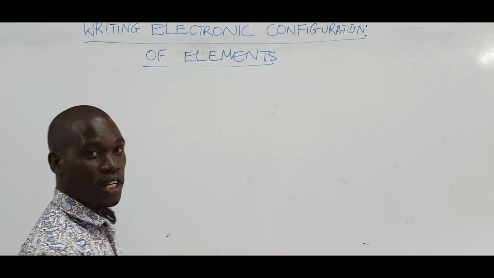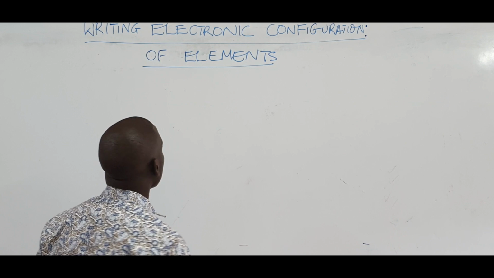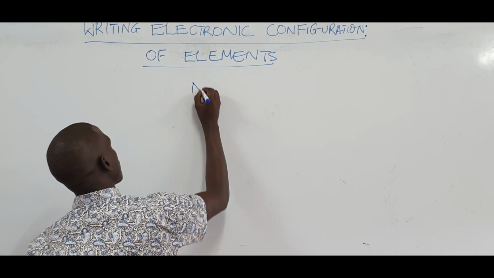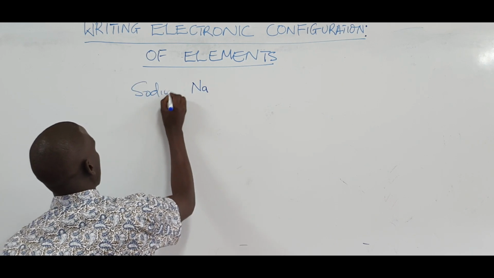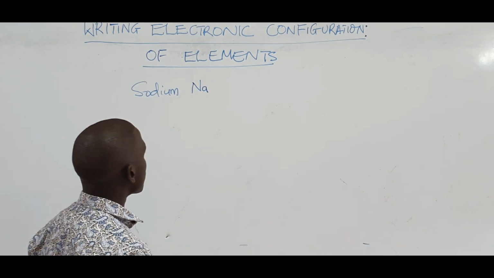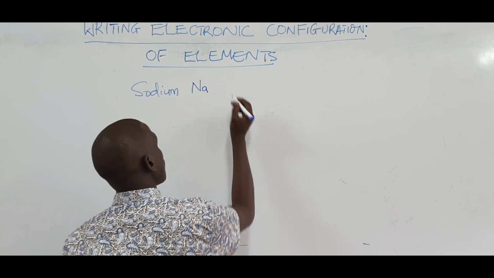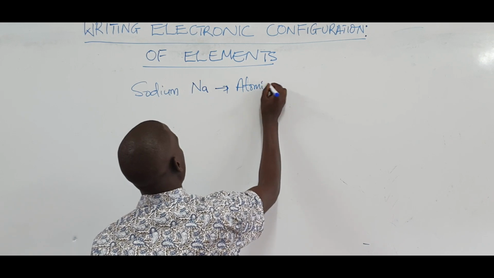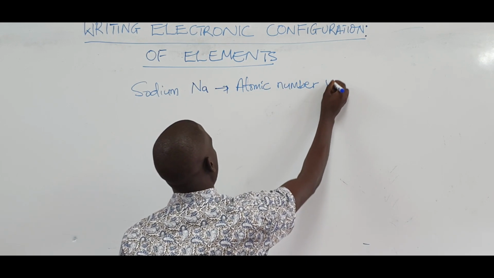Now, take for example an atom of sodium. Sodium is Na. Sodium has atomic number 11.